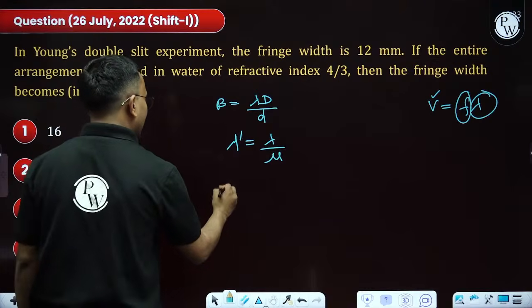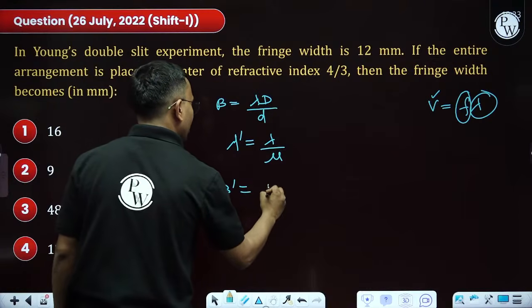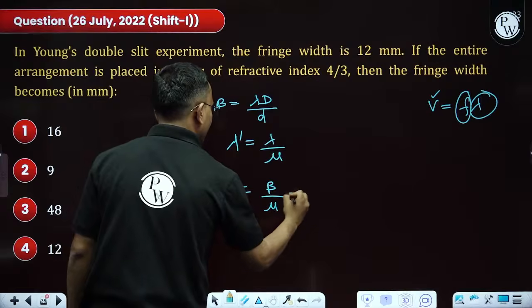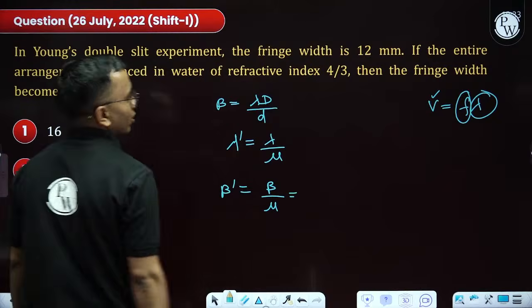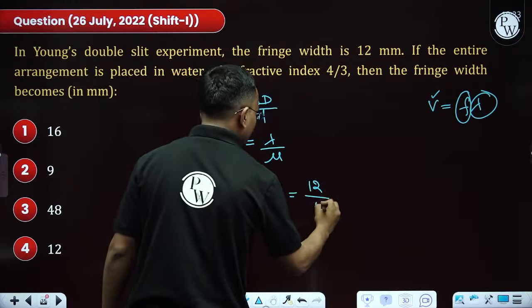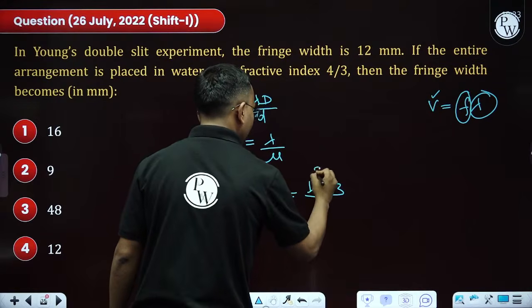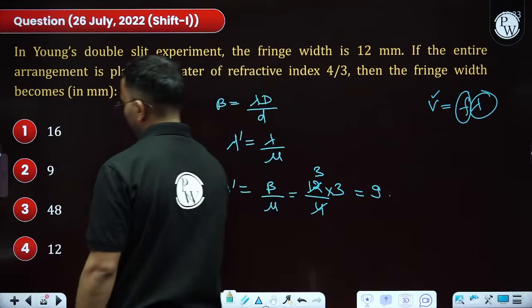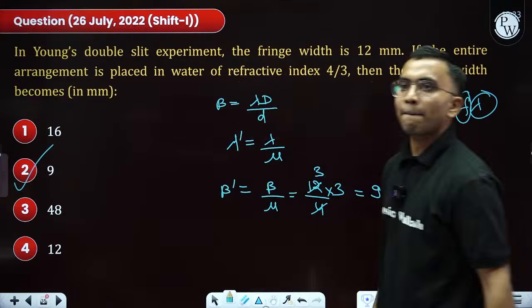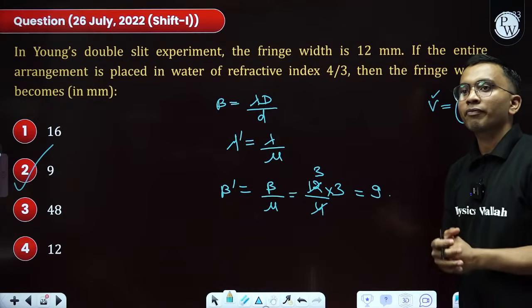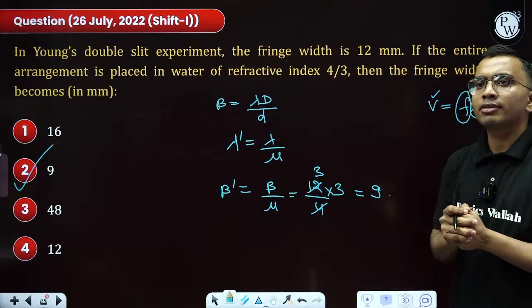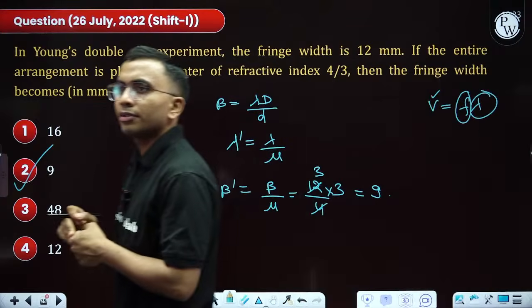So my beta dash will be equal to beta divided by mu. What was beta? 12. What is mu? 4 by 3. So this is 9. All concept clear? Okay, that's great.